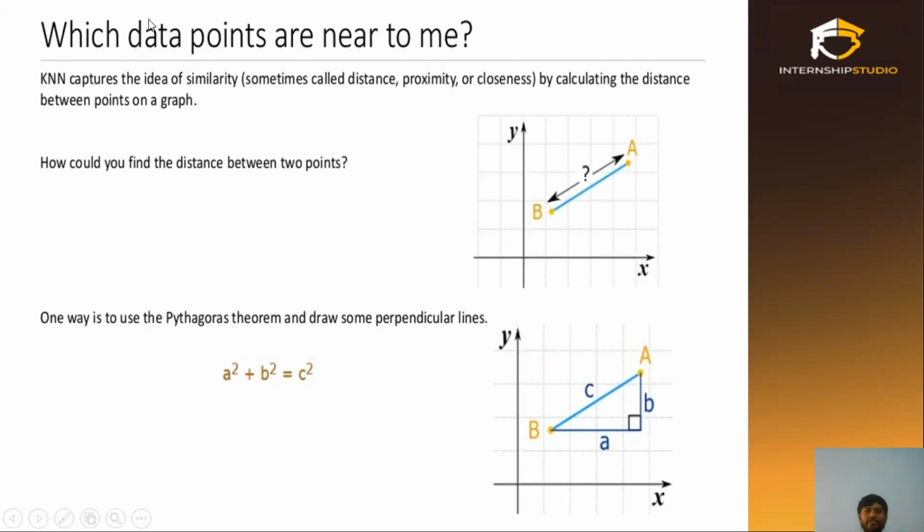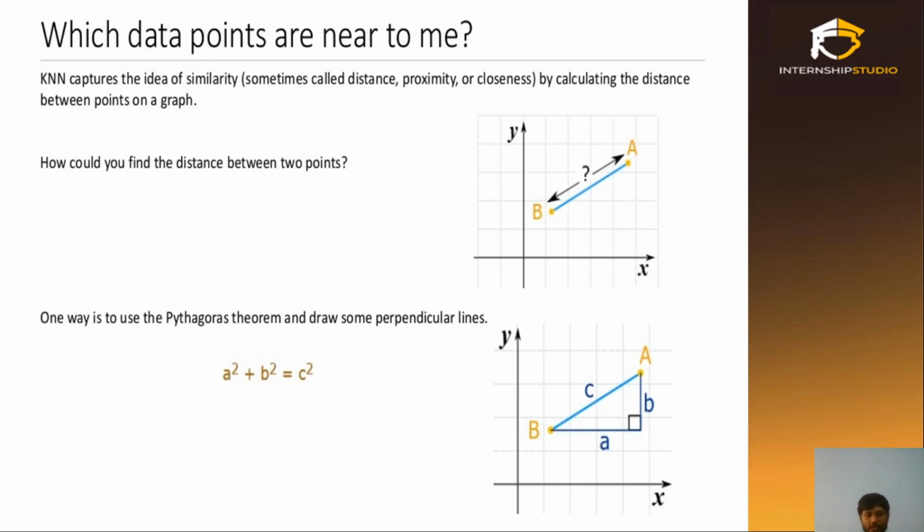And which data points are near to me? To find that, there are different distances that we can calculate, but basically we are using something called the Euclidean distance. If you want to calculate the direct distance between the points, there's something called the Pythagoras theorem, right? With respect to that, this value will be the sum of squares of this and this. a square plus b square will be equal to c square, and c is the value that we have to find out, right?